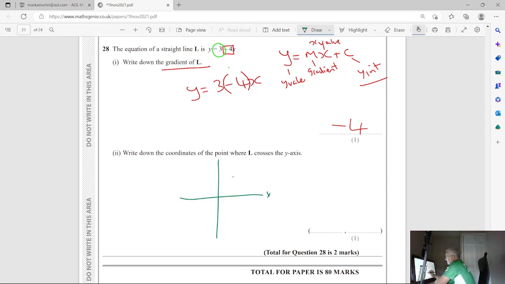And it's going to cross at this point here, where y equals 3. But remember, at this point, x equals 0. So along the corridor is my x, which is 0. Up my stairs, which is y, it's going to give me 3. So while my y-intercept on my line is 3, my coordinate has to be 0, 3.